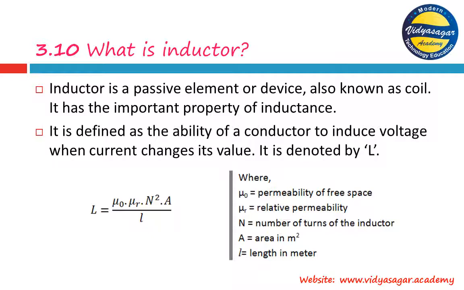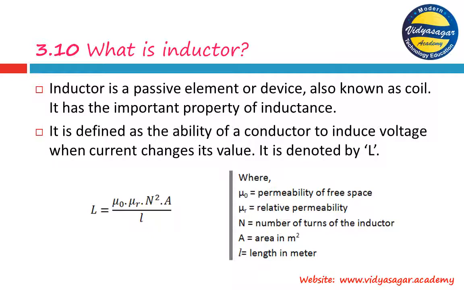Whenever the current is flowing, particularly alternating current, through an inductor, then the magnetic field surrounding the inductor will change, because the alternating current flowing through the coil will constantly change. So the magnetic field around that coil will also change. So due to that, a proportional electric voltage will be induced in the coil itself.